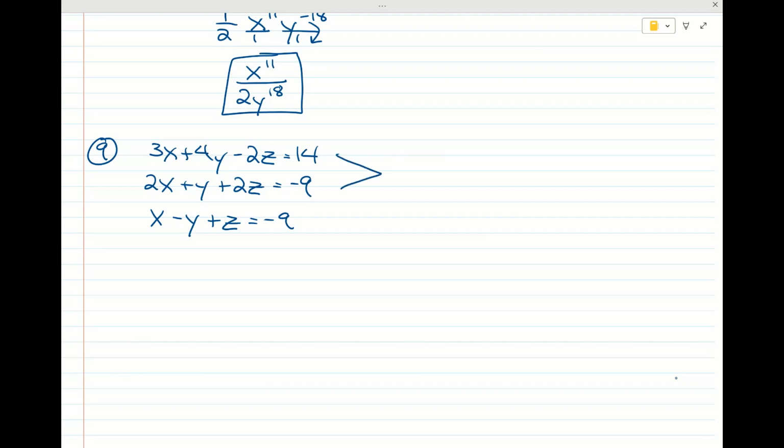So let's choose these 2 equations, and I'm going to add them together, and that'll eliminate our z's. Remember, when we're doing elimination, we want to get the same number, opposite sign.